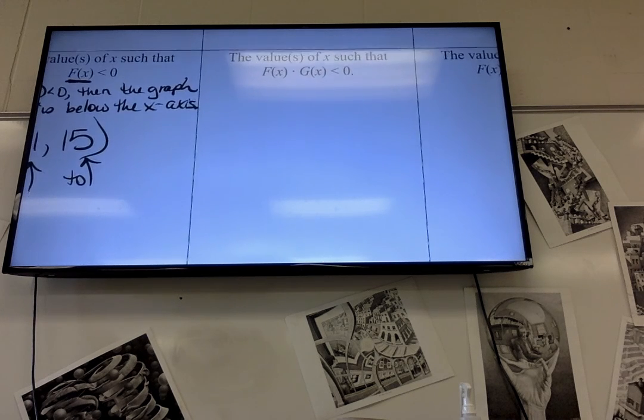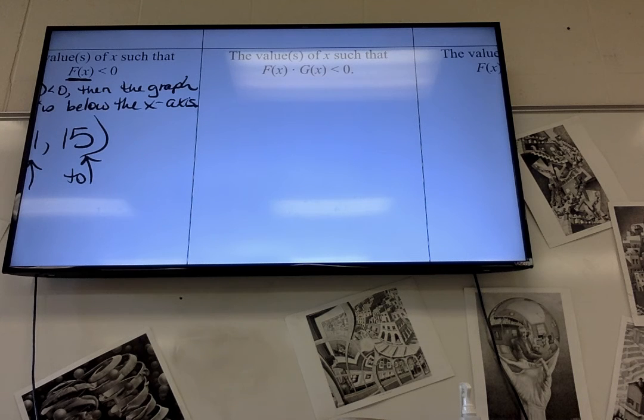Okay. So the value of x such that f of x times g of x is less than 0. So this one's a little different.